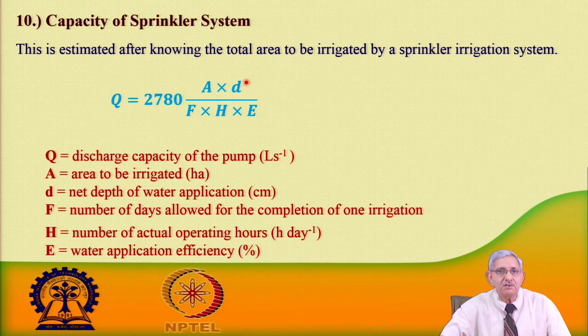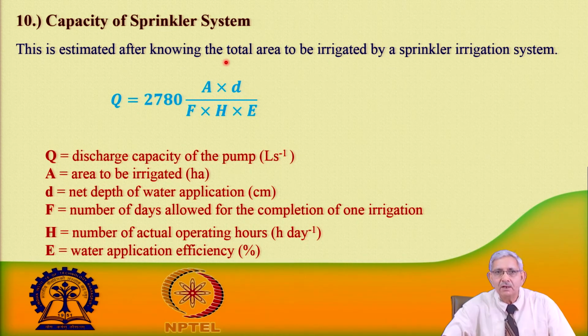So, the discharge capacity of the pump will depend upon how much area is to be irrigated, what the depth of irrigation should be, and the number of operating hours. Area in hectare, when we are expressing Q in liter per second.